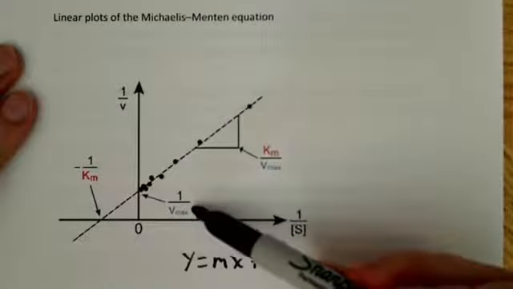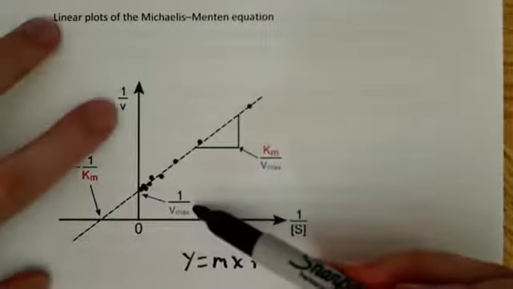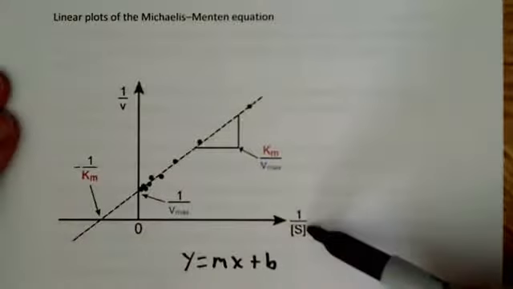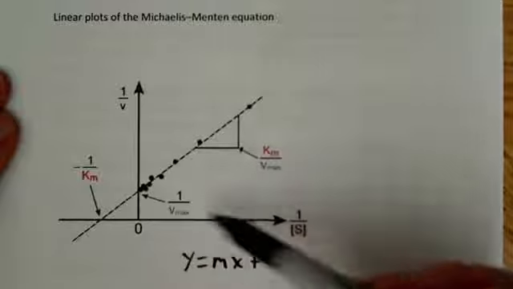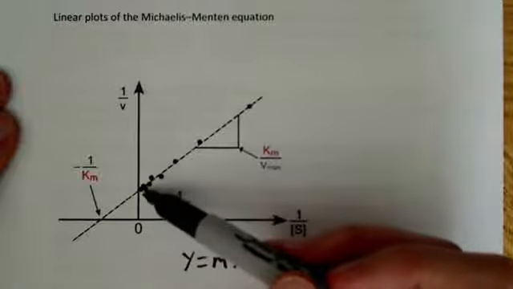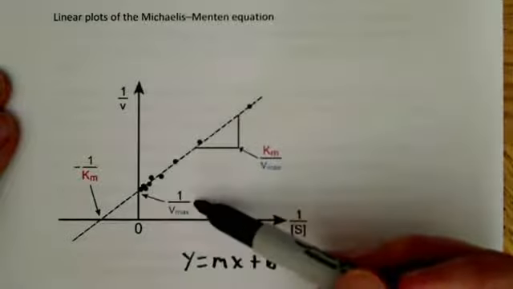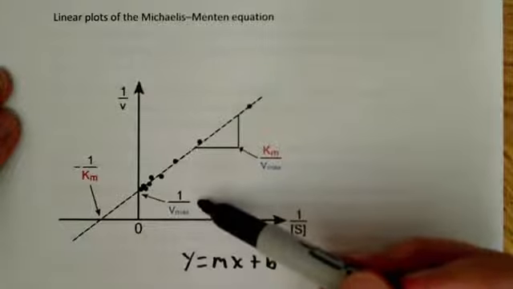If we look right here at the y-intercept, this is 1 over v and 1 over the substrate concentration for the axes, but the y-intercept here is 1 over Vmax. So this is a really convenient way to get the Vmax.